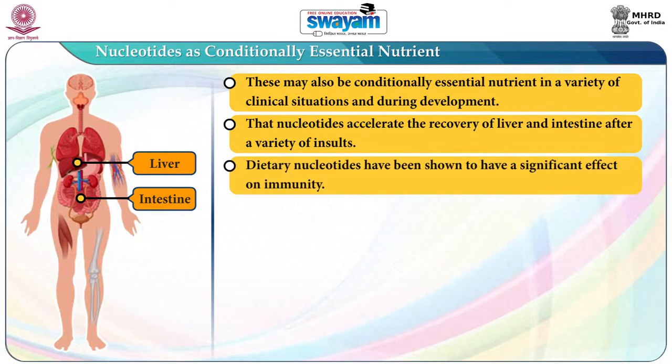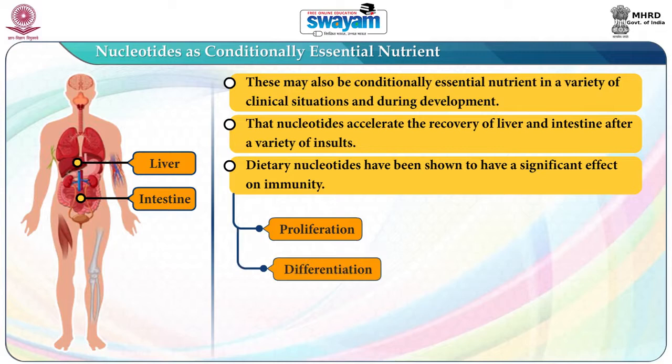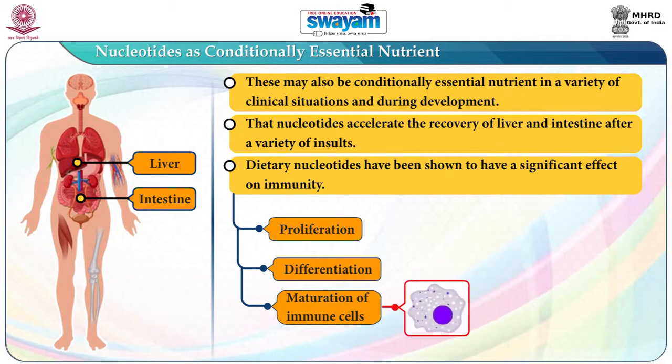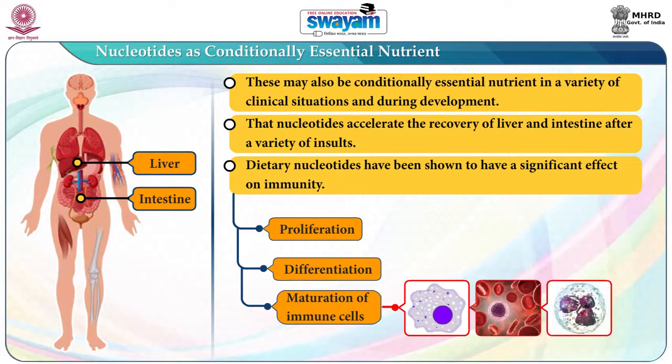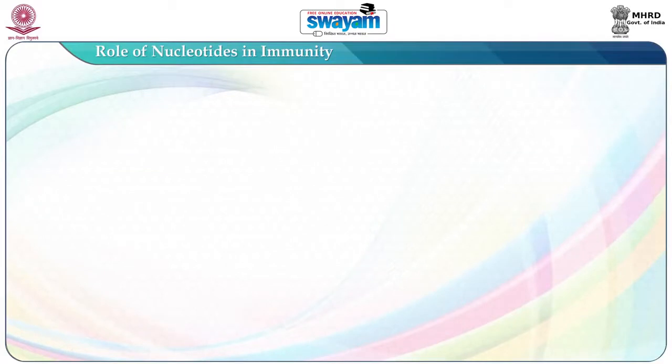Dietary nucleotides have been shown to have a significant effect on immunity. They contribute to strengthening the immune system by encouraging the proliferation, differentiation and maturation of immune cells such as macrophages, lymphocytes and neutrophils.